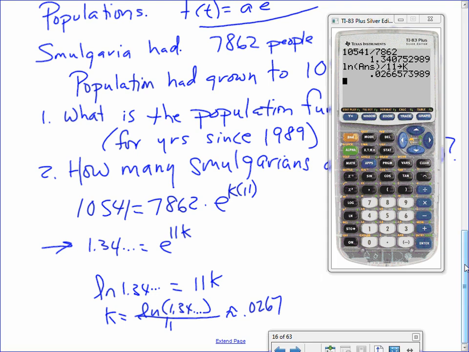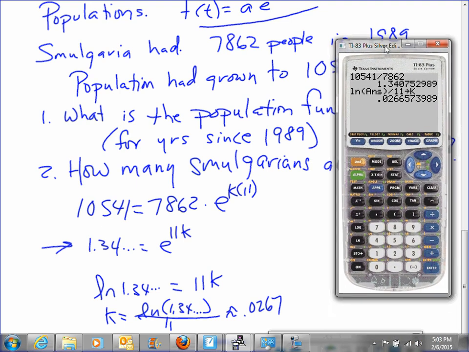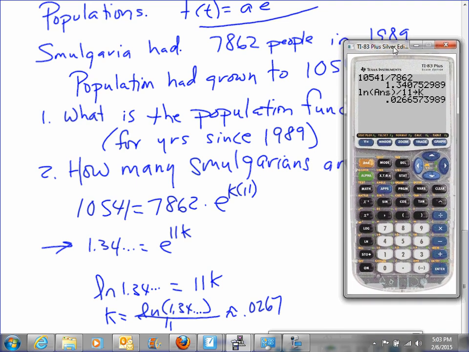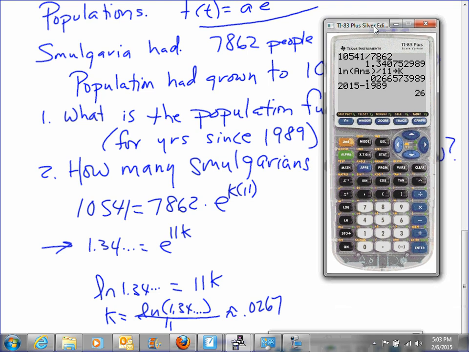K in the calculator. So the second question was, how many Smulgarians are there now? So 2015 minus 1989 is 26. So now, first of all, I didn't really write the equation, did I?